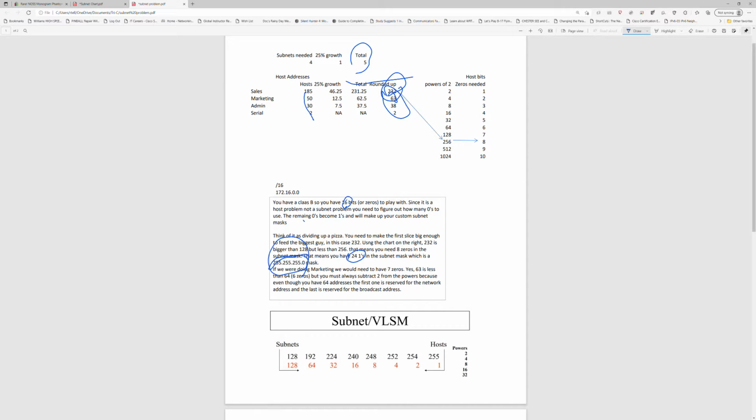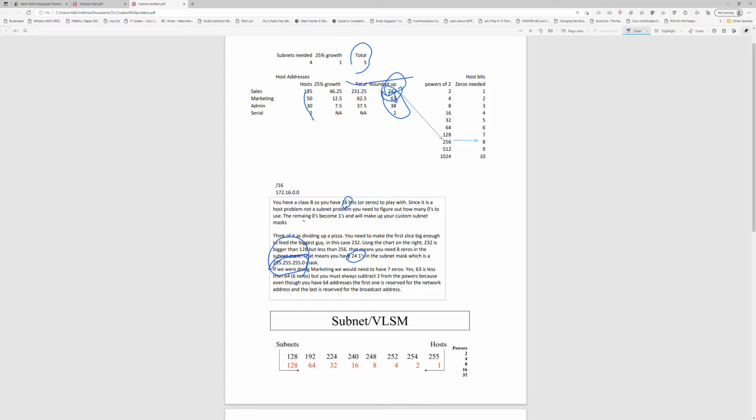So I have 64 addresses, but I really only have 62 that I can assign to hosts, because the first address in any subnet is the network name. The last address in any subnet is the broadcast address. So 64 wouldn't really work. You actually have to go up to 128 and use 7 zeros.